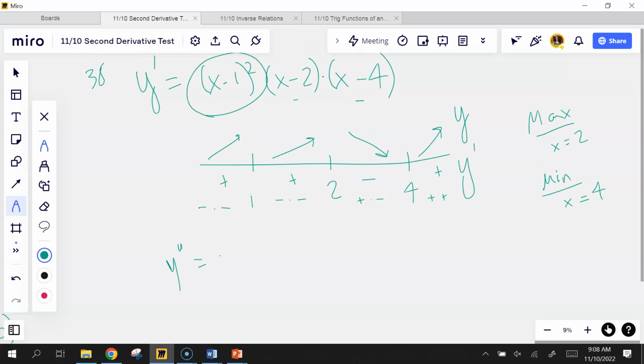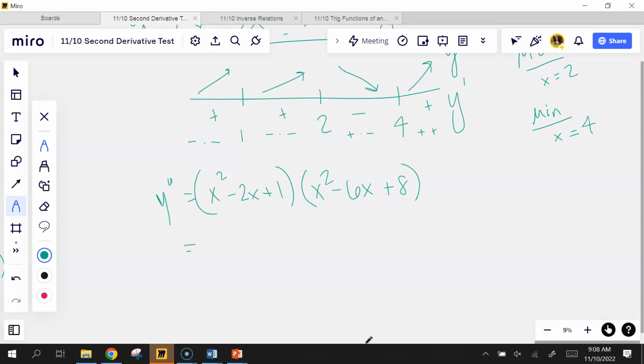I know that squared would be x squared minus 2x plus 1. And these two multiplied together would be x squared minus 6x plus 8. Now I can multiply out.